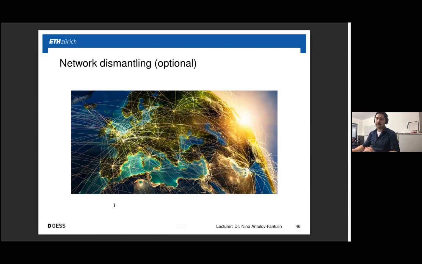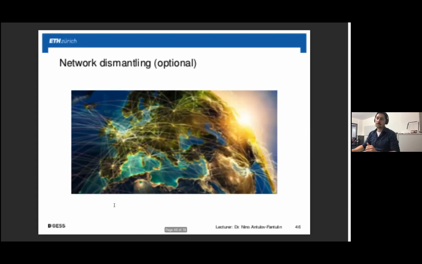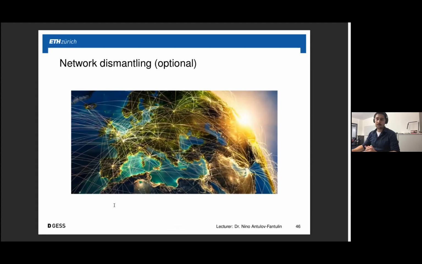Imagine you have a network and you want to partition it for some reason, what the reason is I will tell later, such that, for example, the size of the largest connected component is below a certain threshold, okay? So now you can remove edges or you can remove nodes.